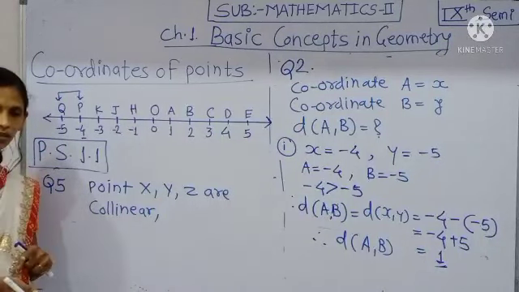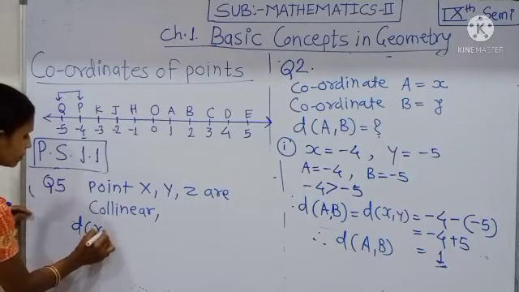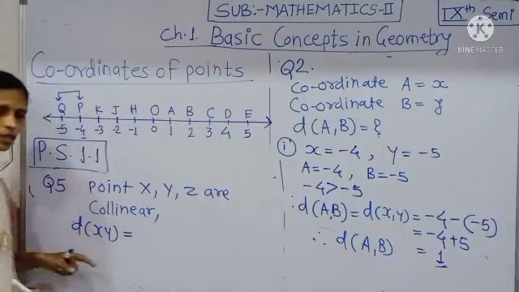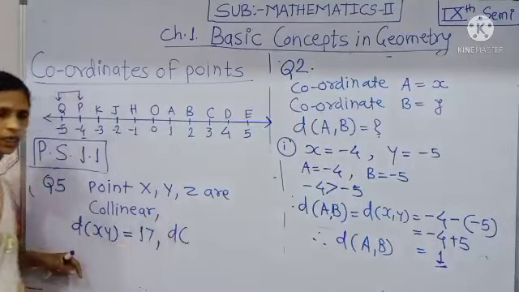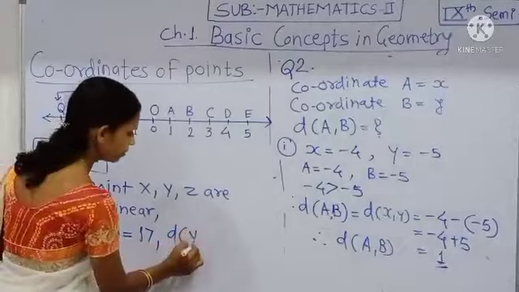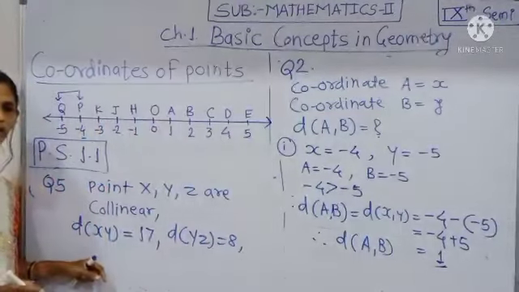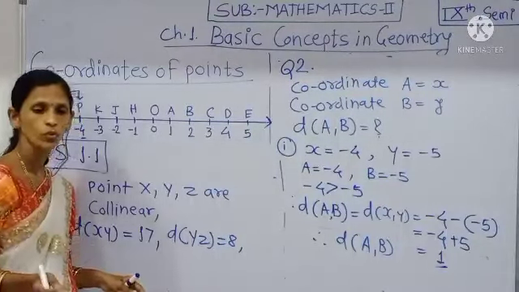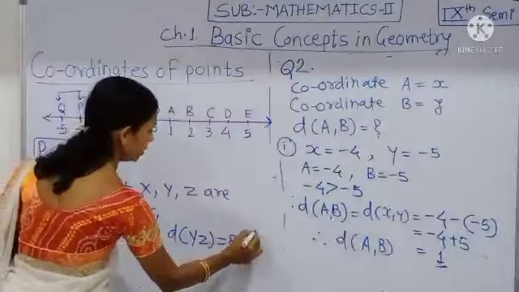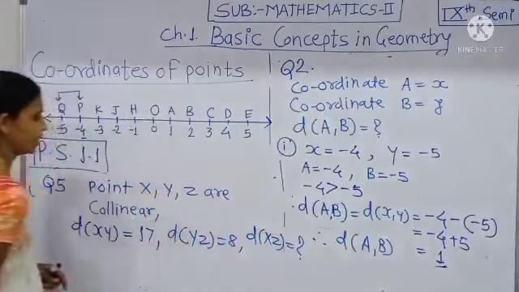And here the condition is given: dxy is equal to 17, dyz is 8, and dxz we have to determine.